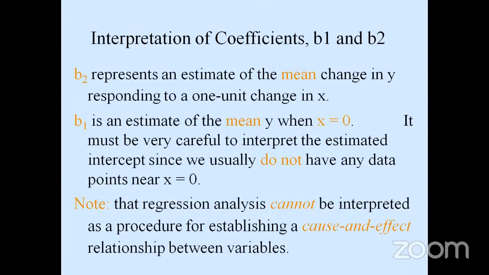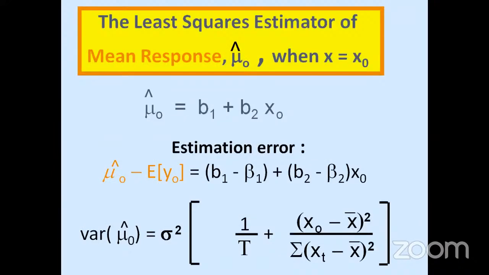I have not entered into the completely mathematical aspect of it, but there is a procedure to estimate these beta coefficients. See here, the least squares estimation of the mean response mu naught cap, that is for the sample data, we need to estimate this particular mu naught, that is the response of beta 1 and beta naught.